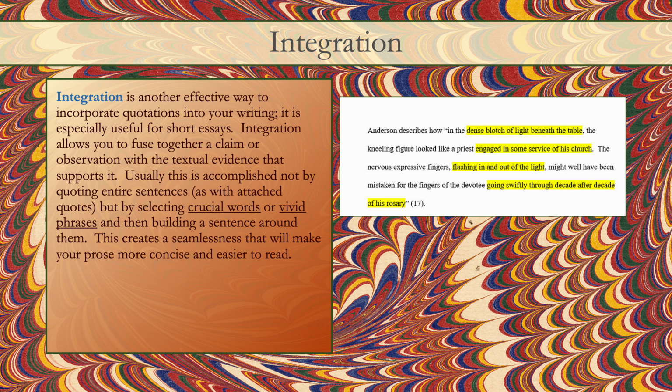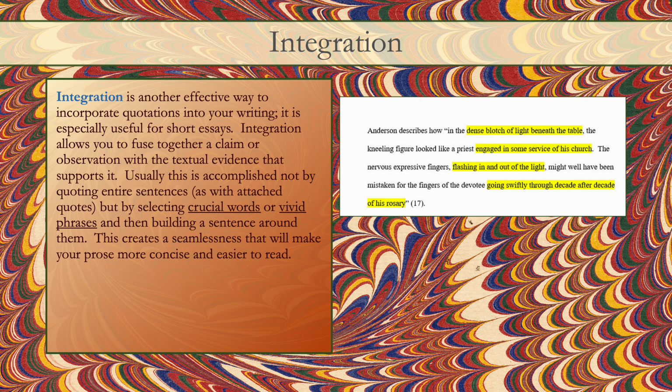So here's an example where I quoted a long passage. It's not quite 4 lines long, but it's almost, and it would need to be formatted as a hanging quote. But what I've done is I highlighted in yellow the phrases that I thought were most interesting, most vivid, most important.